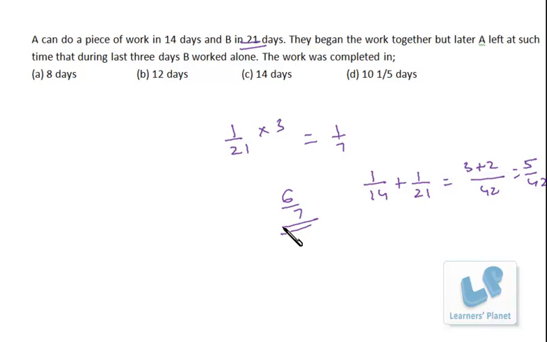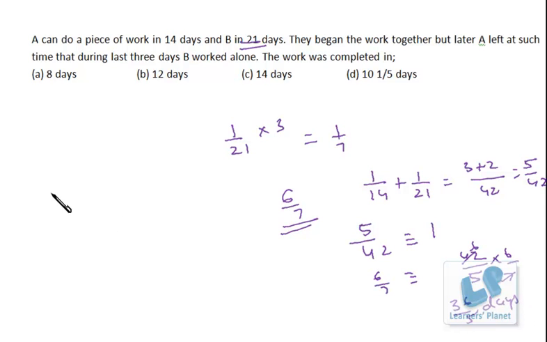But they have to do 6 by 7 of the work. That means 6 by 7 of the work will take 42 by 5 into 6 by 7, that is 36 by 5 days.